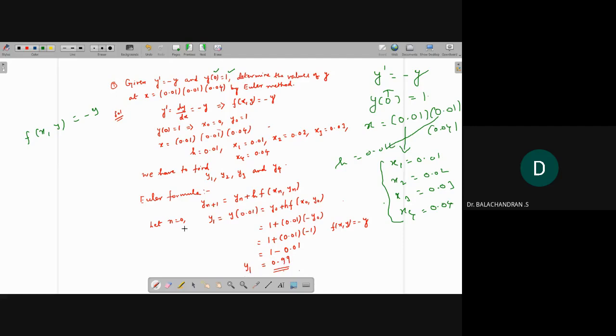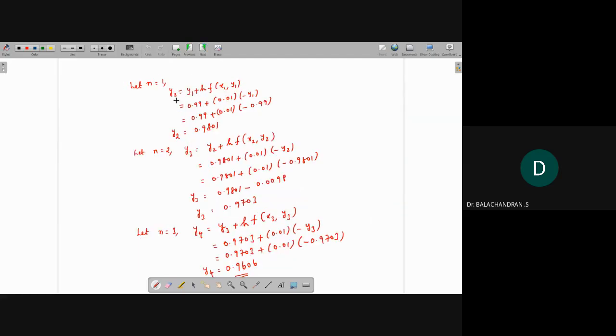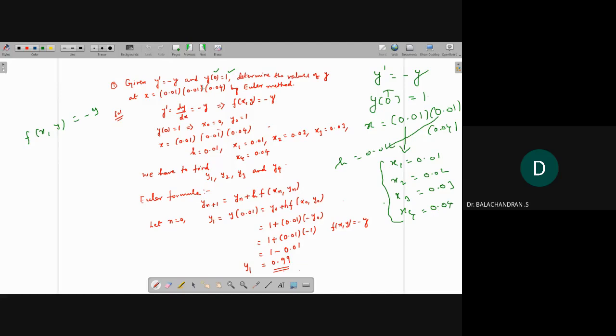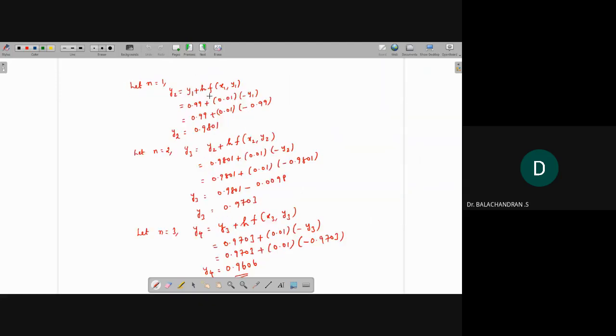Similarly, if you substitute n equal to 1, you'll get y2. y2 equal to y1 plus h into f of x1 comma y1. So y1 we just found is 0.99, h is 0.01, f of x1 comma y1 is minus y1.